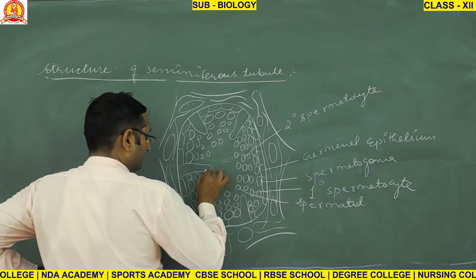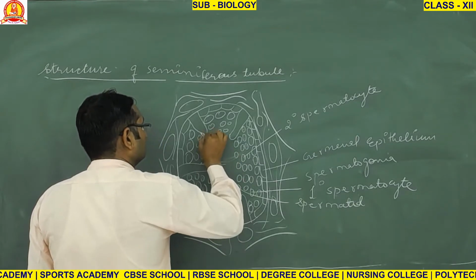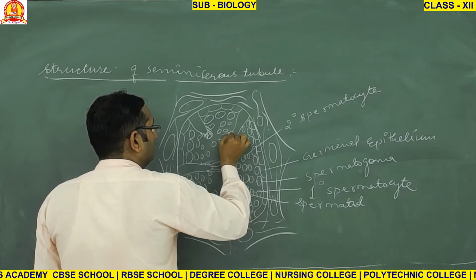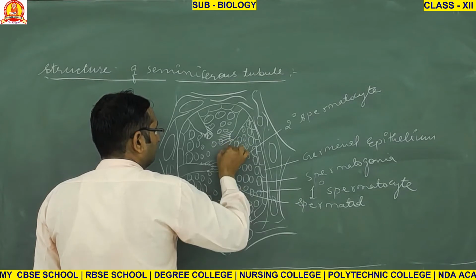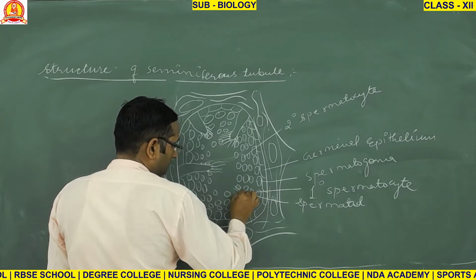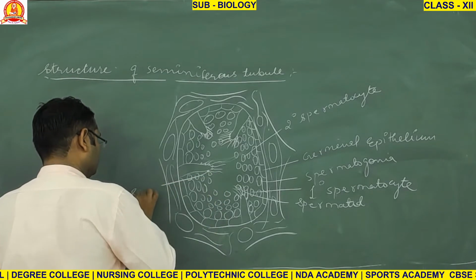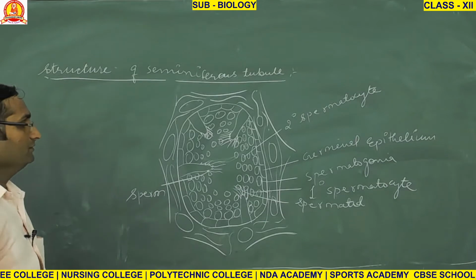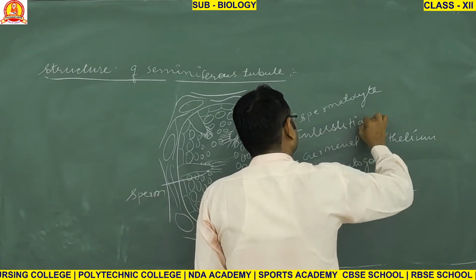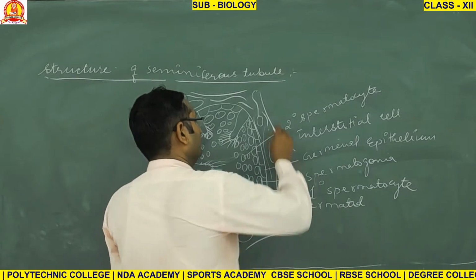Then after this, these are the sperm. Then interstitial cells, then interstitial tissue is also present, artery and vein.